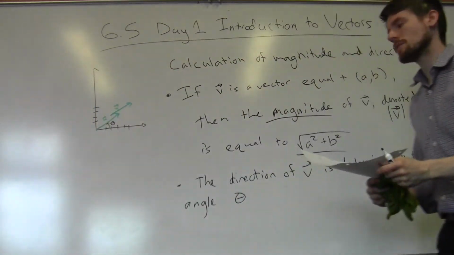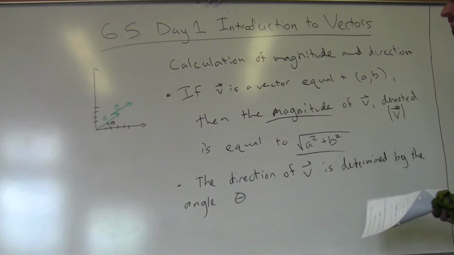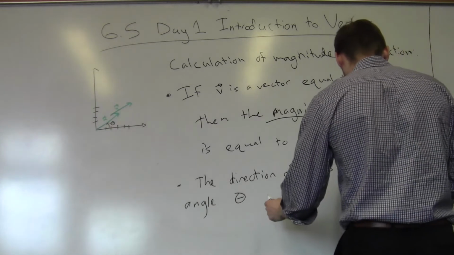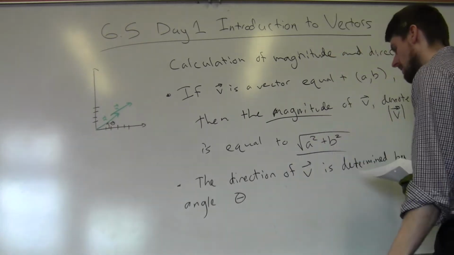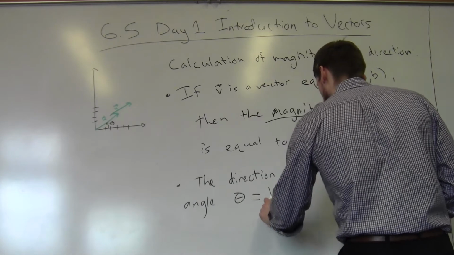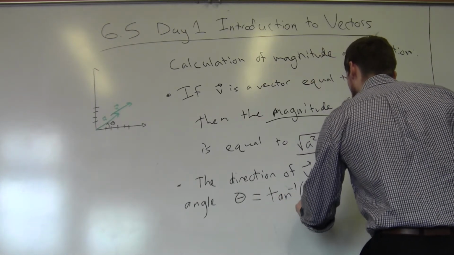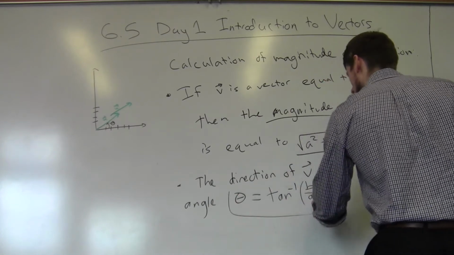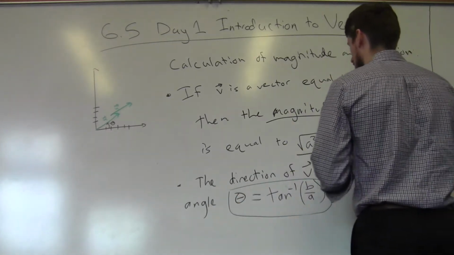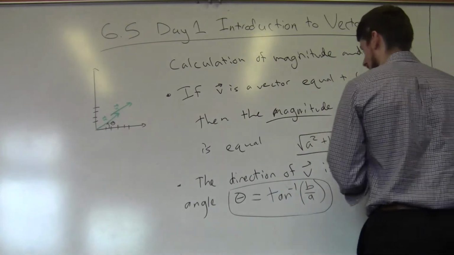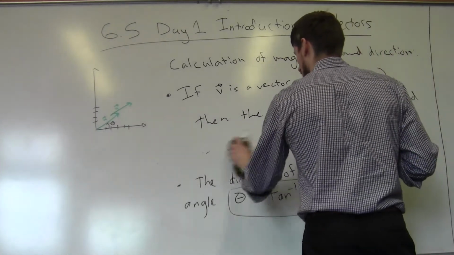Theta is the angle the vector makes with the positive x-axis. It's determined by the angle theta, which is equal to tan inverse of b over a. We can box this one. We can box this one.